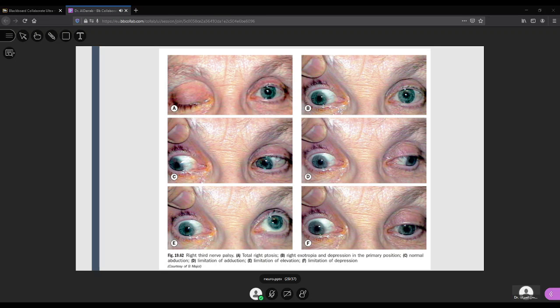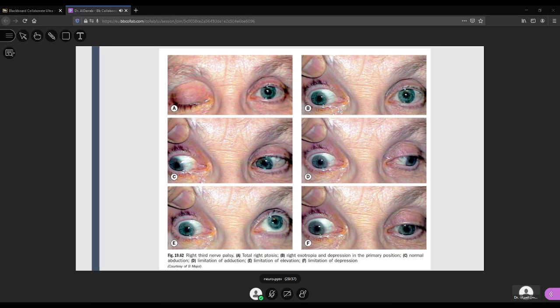This is how it looks. This is the primary position. I have a problem in the right eye. Complete ptosis, because of third nerve damage, so the levator, which is responsible for elevation of the eyelid, is lost, so he has ptosis. B: this is the primary position, this is how it looks, downward and outward.